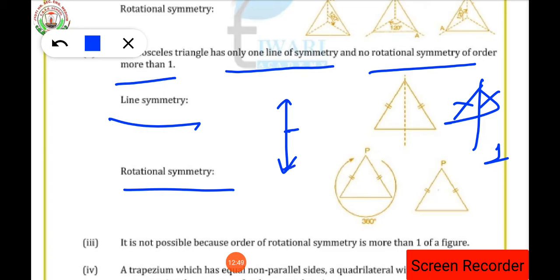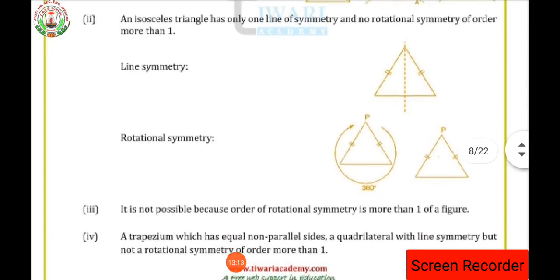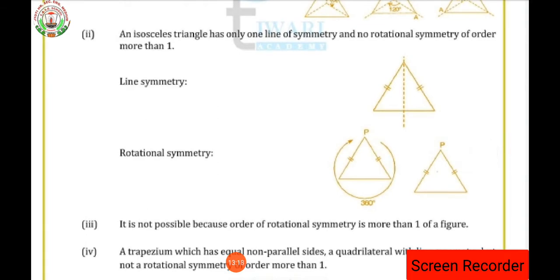If it rotates one complete position, means if we rotate it by 360 degrees onto the same position, how many rotations will there be? Only one rotation will be there. That's why this is an example of an isosceles triangle which has only one line of symmetry and no rotational symmetry of order more than 1 is present over here. Clear, student?